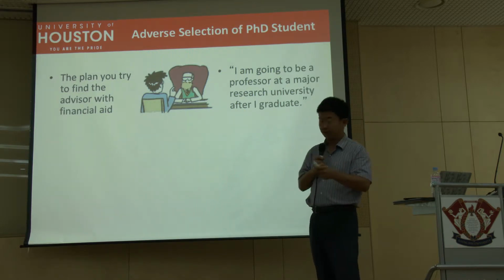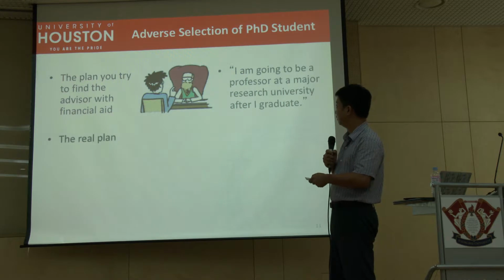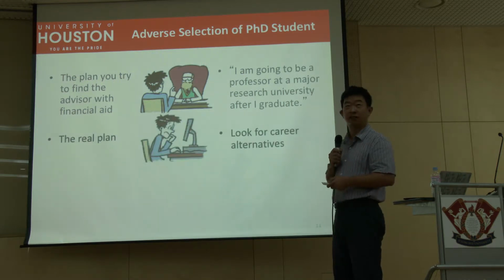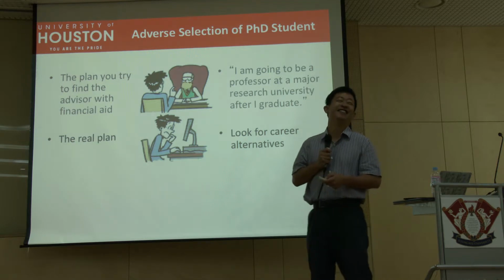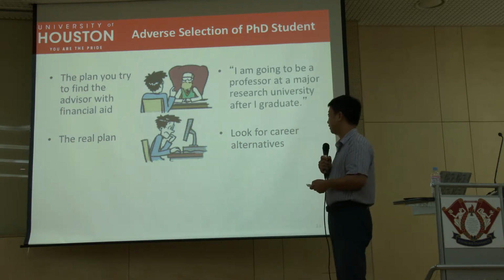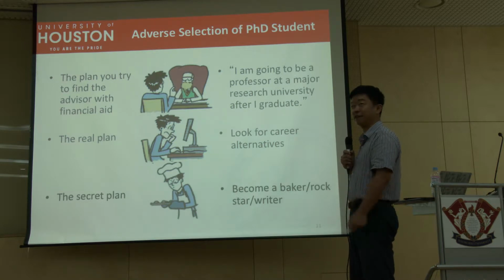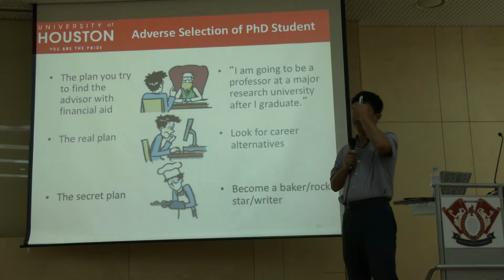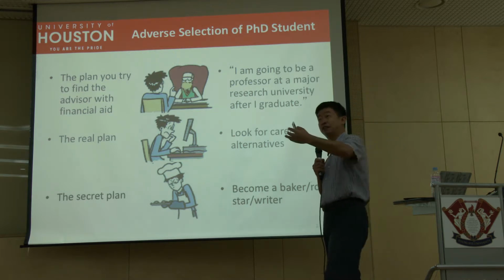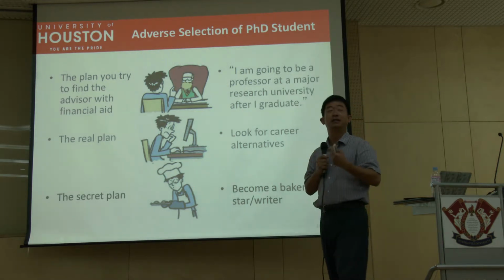But in the real case, no. The real plan is looking for a career alternative. Any internship? Samsung is hiring. And the secret plan is that you don't want to work, you want to become a baker, something like that. So basically, this is information asymmetry, right?